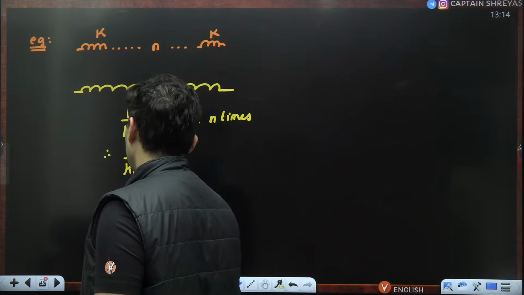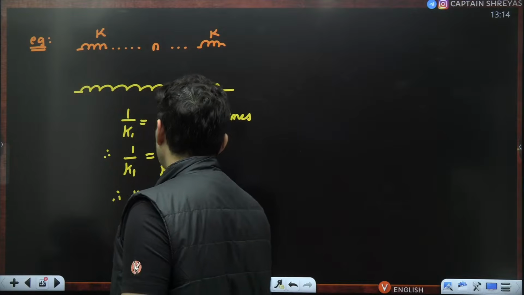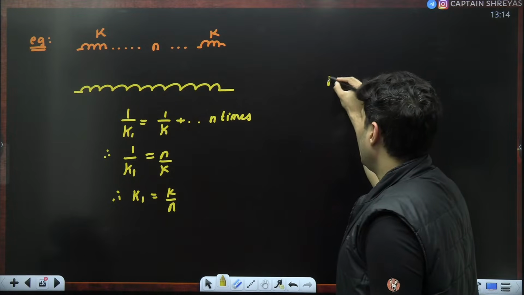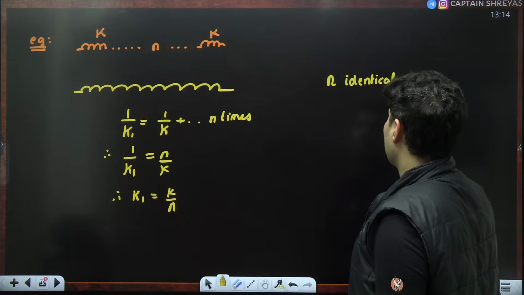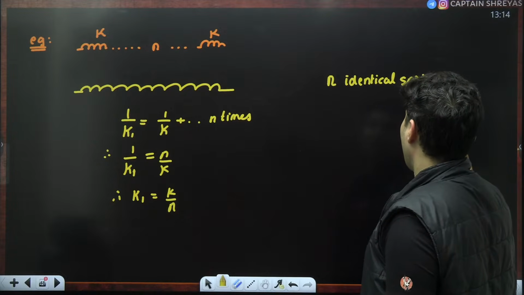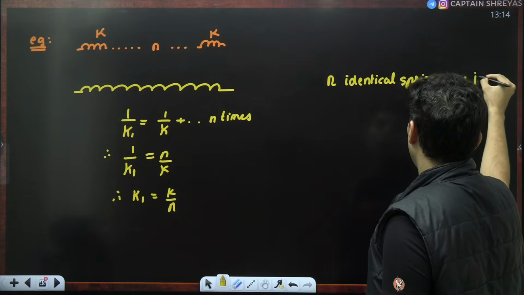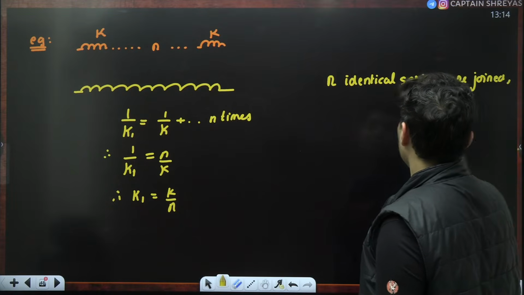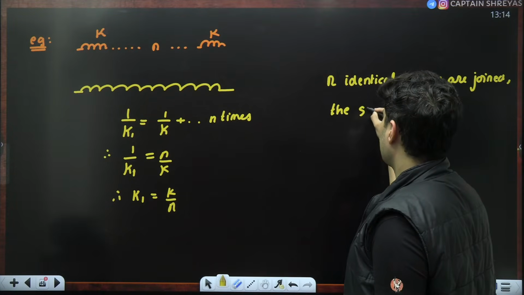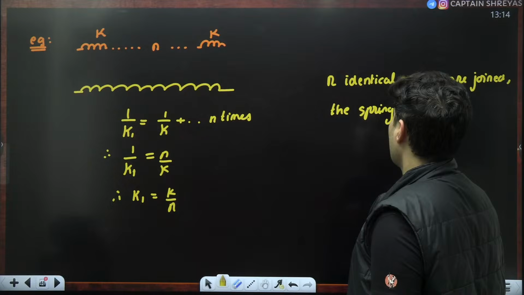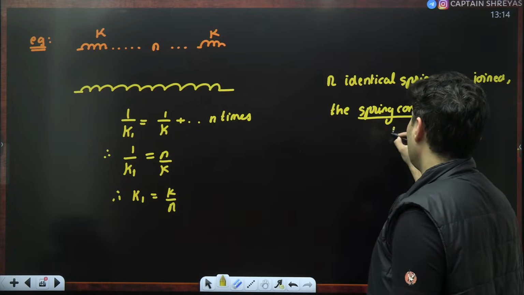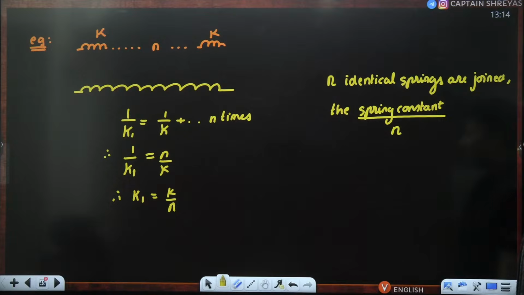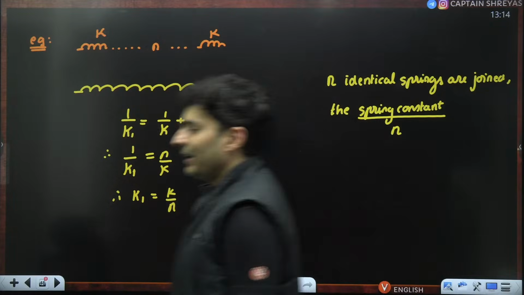So therefore k1 will be k by n. So when n number of identical springs are joined, the spring constant gets divided by n.